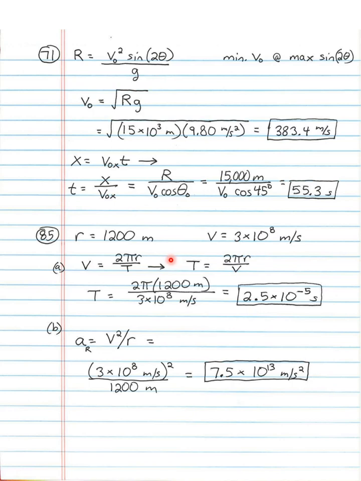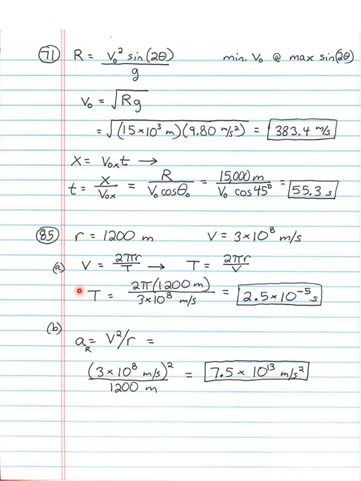Solving for period T, that means T is 2 pi r over v. And we know all those quantities. Let's plug them in. T is 2 pi times 1,200 meters divided by v, which is 3.00 times 10 to the 8th meters per second. And we get a period of 2.5 times 10 to the negative 5 seconds. Very, very fast.